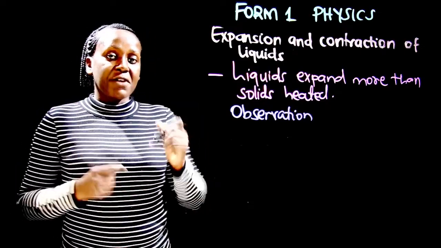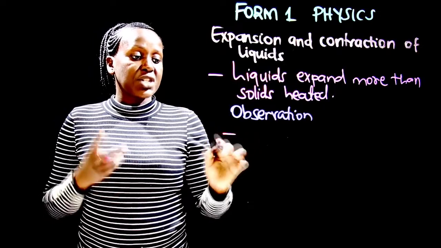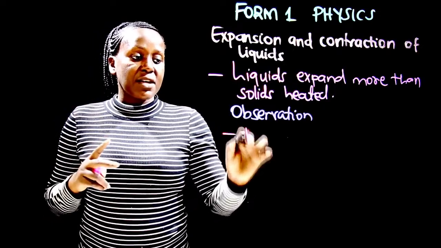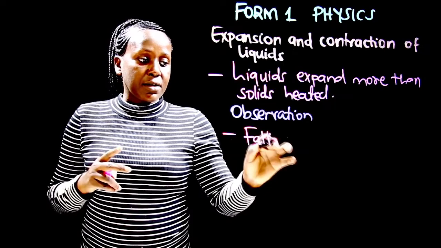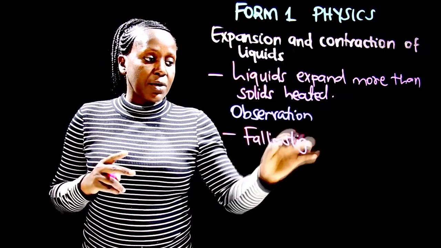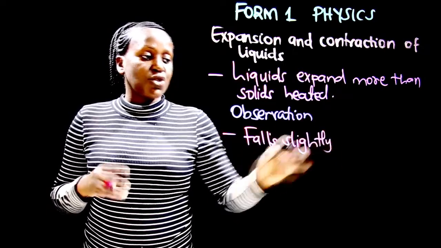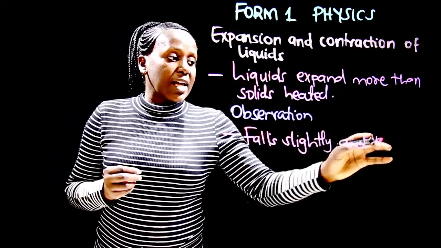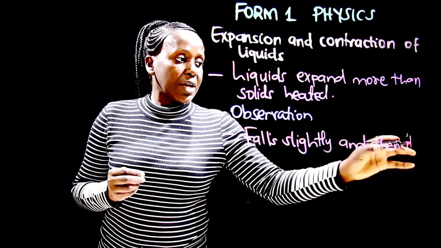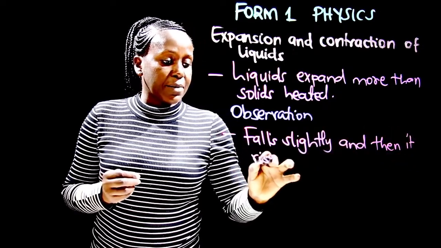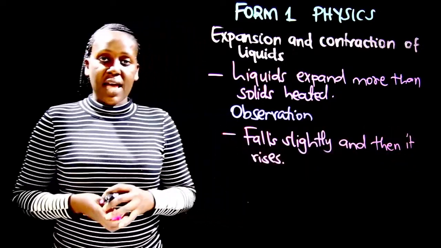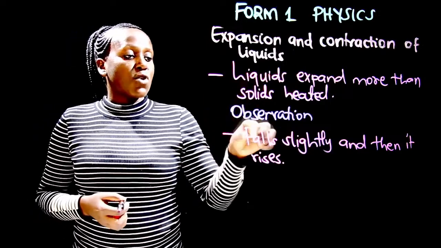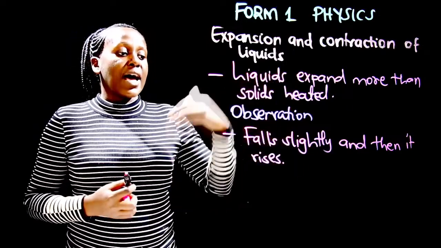So when you observe the level of water in the tube, you notice that the level first falls slightly, okay? The level of water in the tube first falls slightly, and then it rises. So why does this happen?